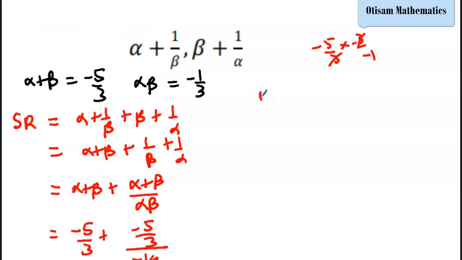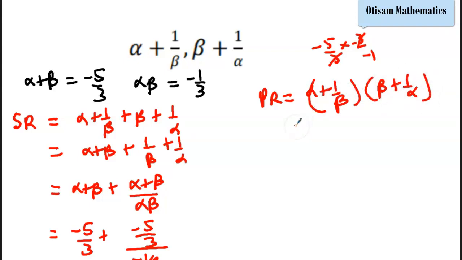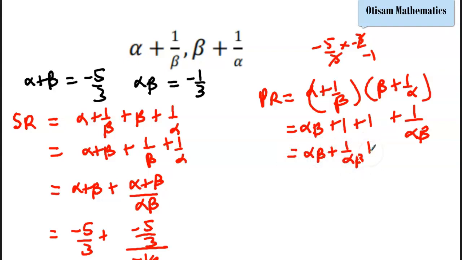Let's look at the product of roots. So alpha plus 1 over beta times beta plus 1 over alpha. So you multiply this, you have alpha beta plus 1 plus another 1 plus 1 over alpha beta. So this is alpha beta plus 1 over alpha beta plus 2.